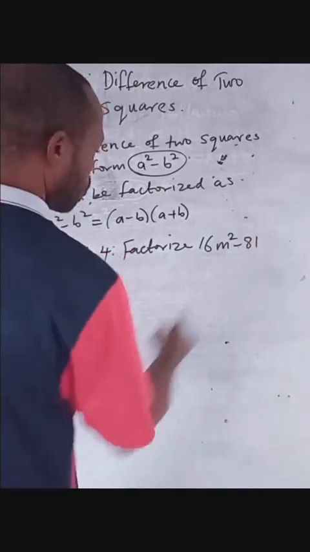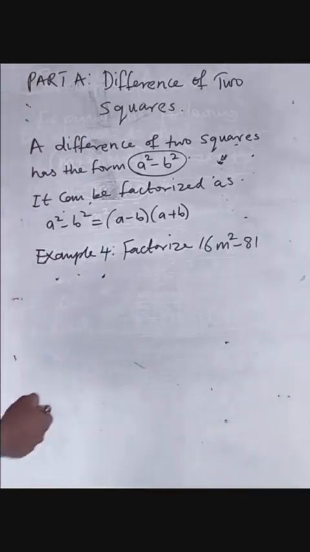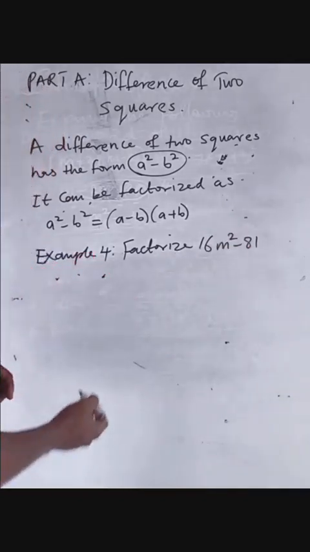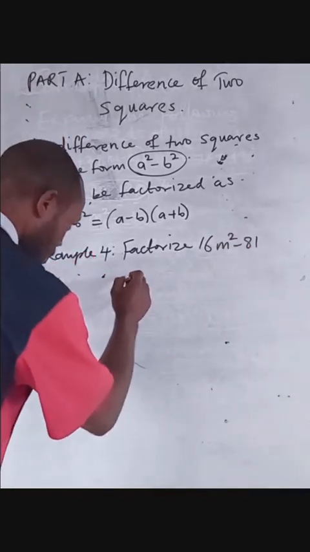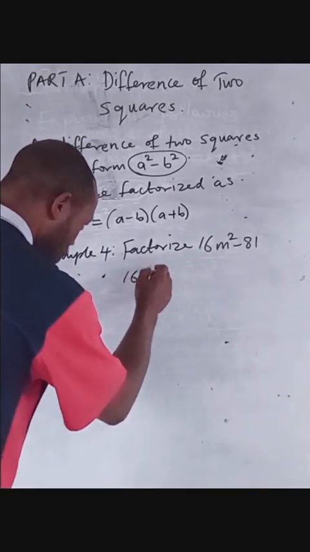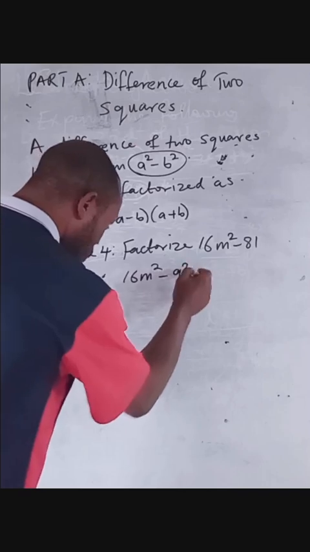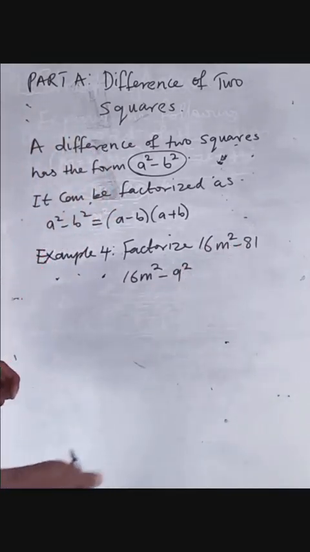Factorize 16m squared minus 81. So 16m squared minus 81 can be expressed as 16m squared minus 9 squared, because 9 times 9 is 81.